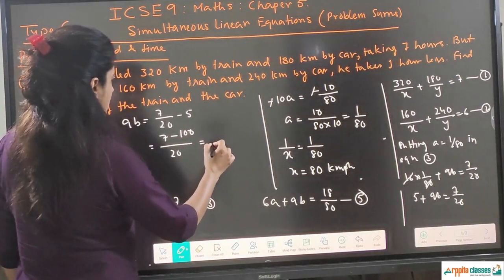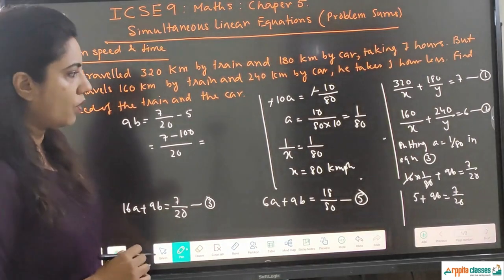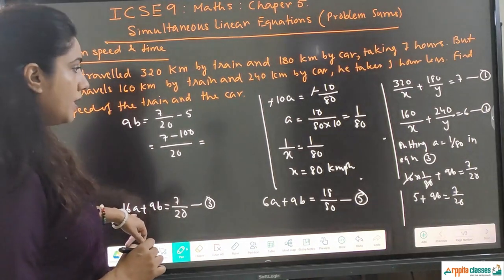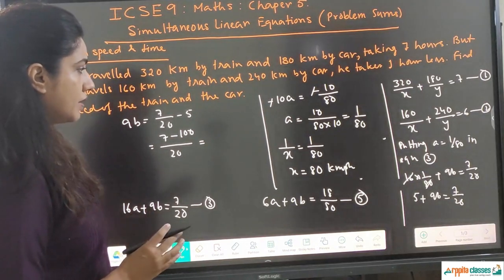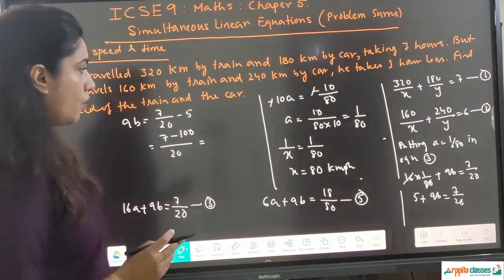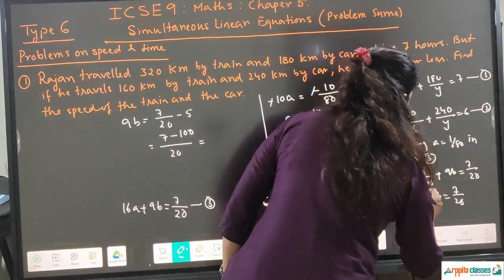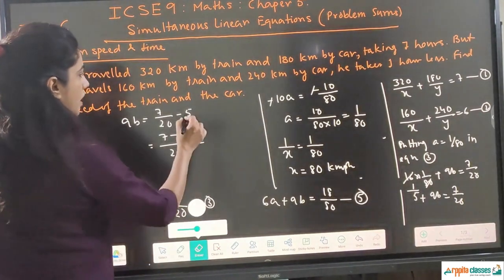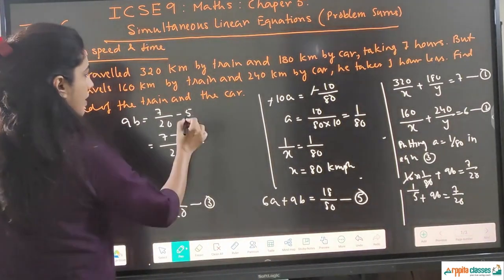So this is coming something wrong. 16 into 1 by 80. This is 1 upon 5. I'm so sorry. This is 1 upon 5. Okay. So here it will be 1 upon 5.